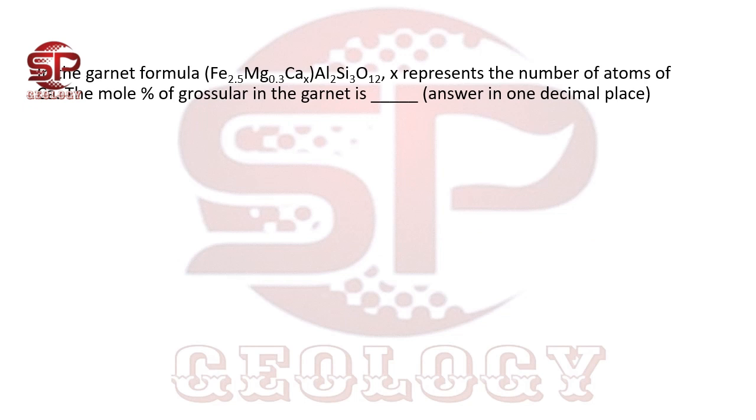In the garnet formula, Fe 2.5 Mg 0.3 CaX Al2 Si3O12, X represents the number of atoms of Ca. We have to calculate the mole percent of grossular in the garnet. In the general formula of garnet, X3Y2Z3O12, the X place will add up to 3.